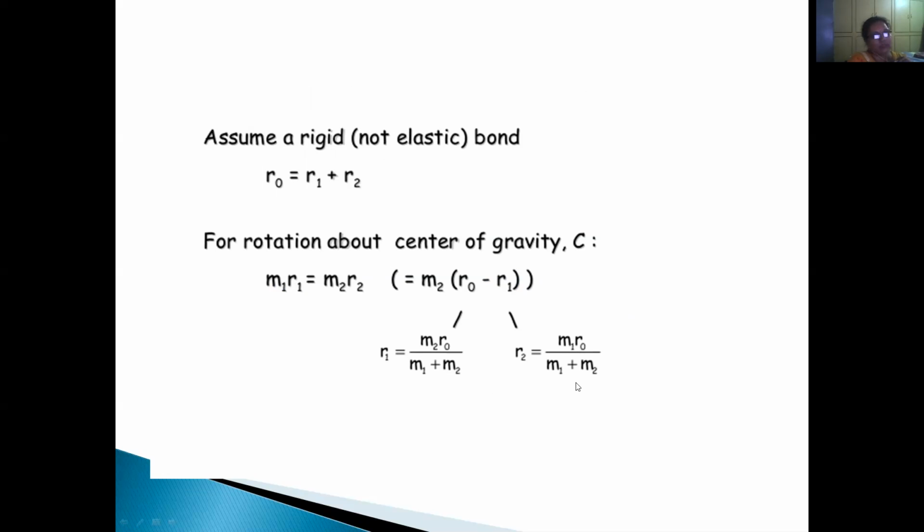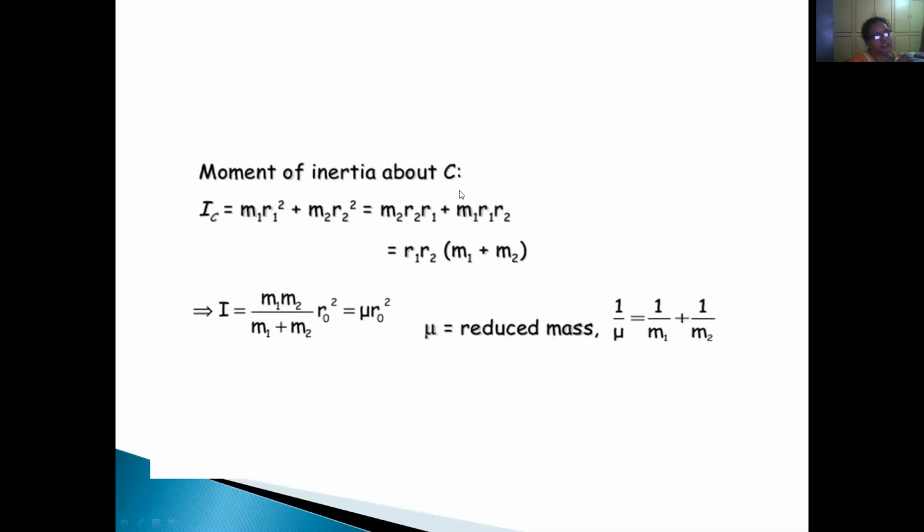This is a simple derivation. So r1 is m2 r0 by m1 plus m2, and r2 is equal to m1 r0 by m1 plus m2.